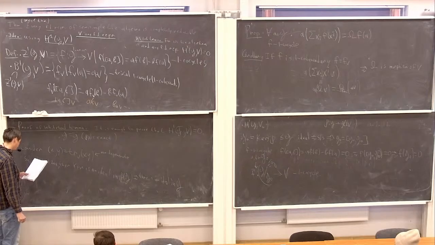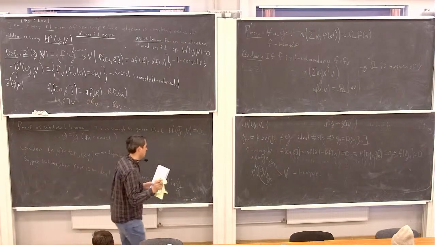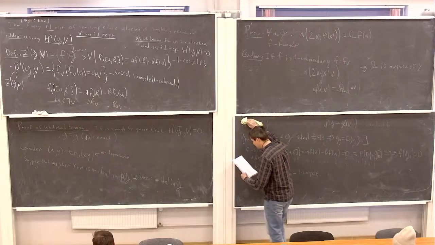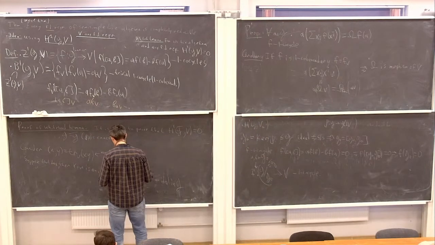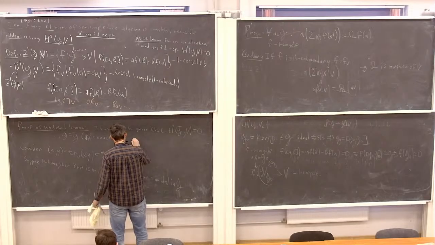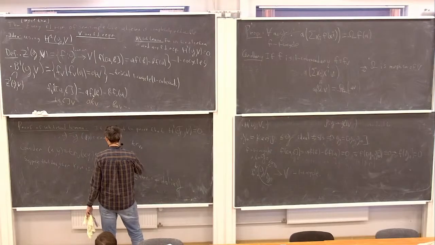Okay. What can we say? Consider the trace on V0 of the Casimir element omega. Let's recall that we have this decomposition.